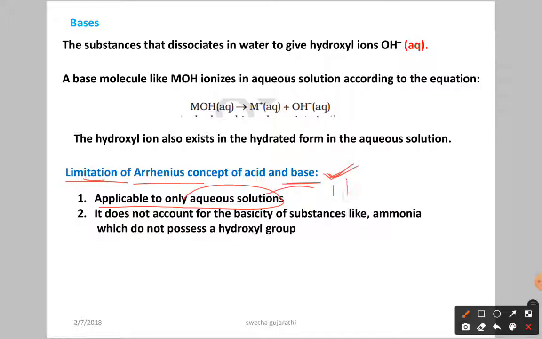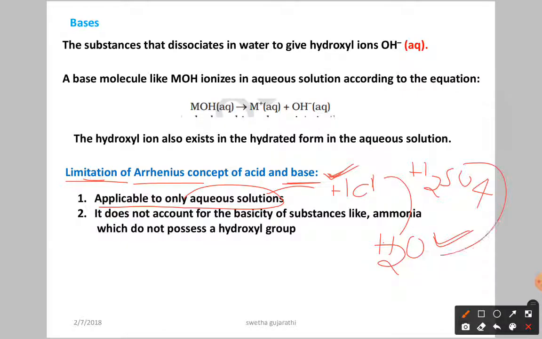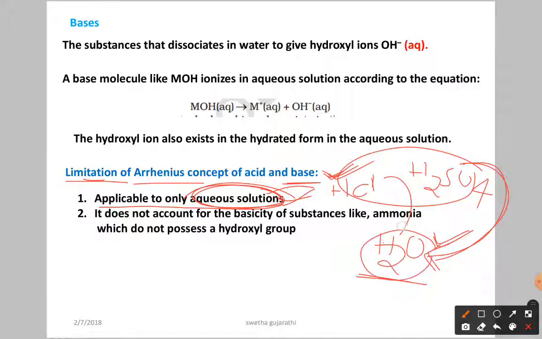For example, if I dissolve HCl in water, only then can I explain that it is an acid according to Arrhenius. Similarly, H2SO4: if I dissolve it in water, only then can I explain whether it is an acid or base. So it is applicable only to aqueous solutions; he did not explain solvents other than water. That is one of the drawbacks.